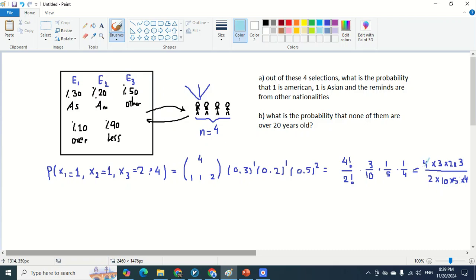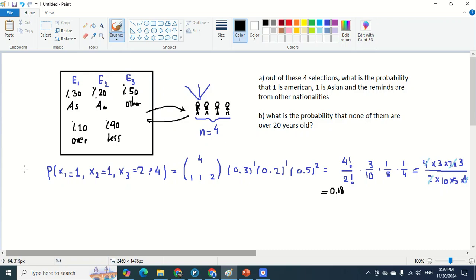This 4 and 4 will be cancelled. We have 1 2 over here, and this 2 will be cancelled. The result is 9 over 50 or 18 over 100, which is equal to 0.18. So the probability is 0.18 for this case.